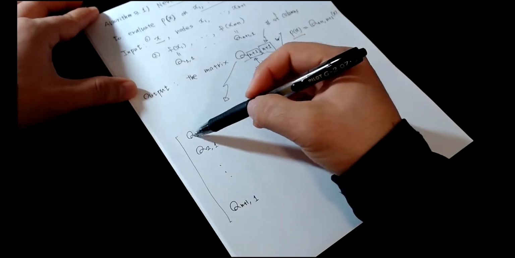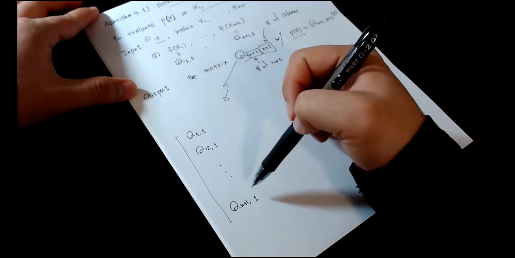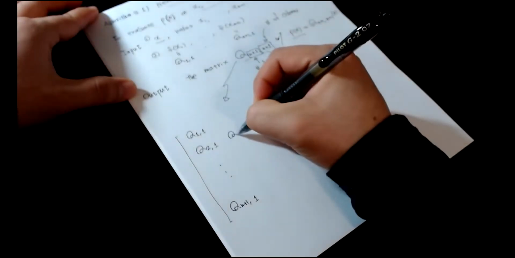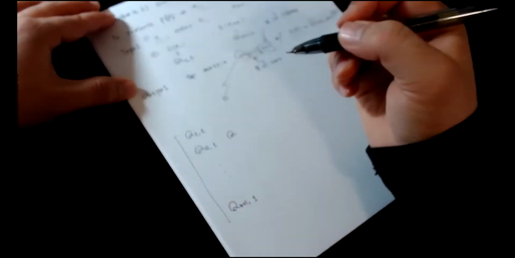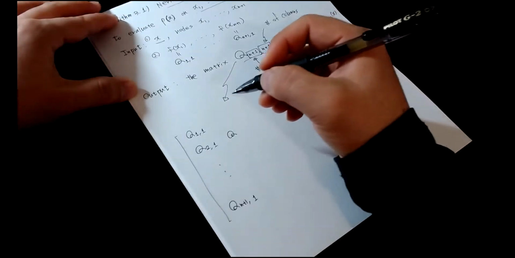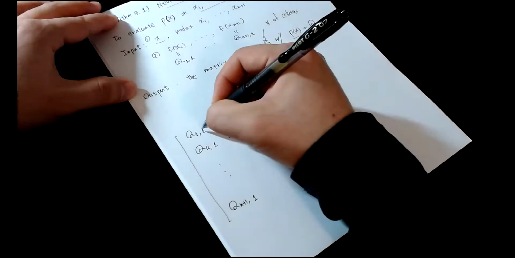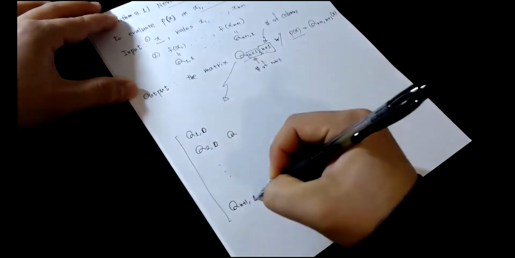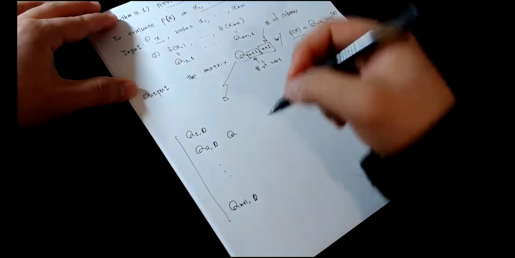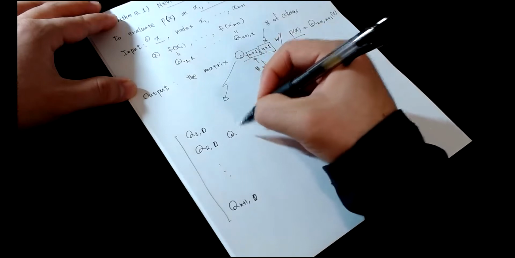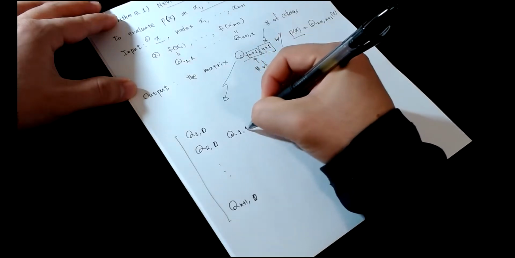Using the first and second entry in the first column, we can construct q 2,2.